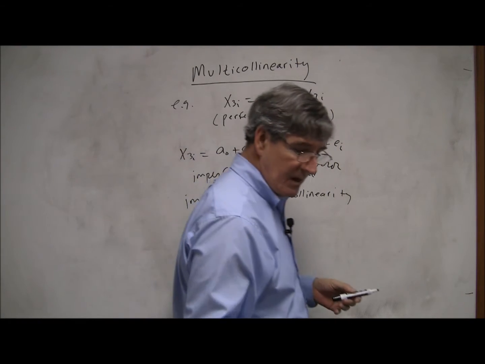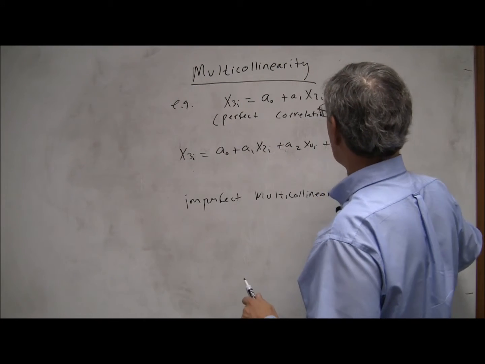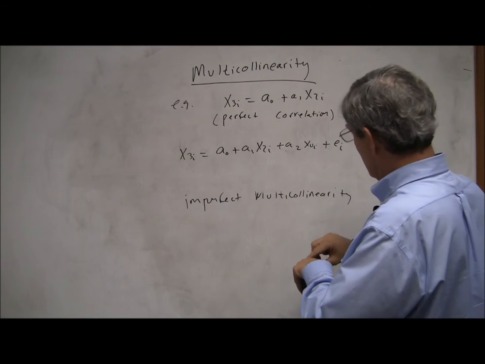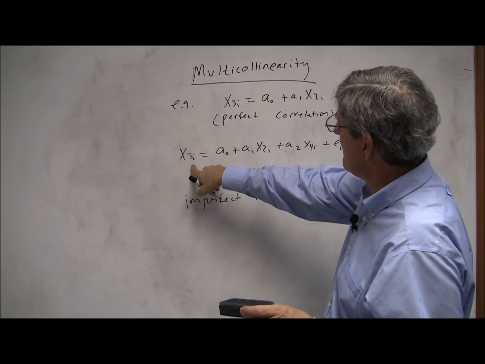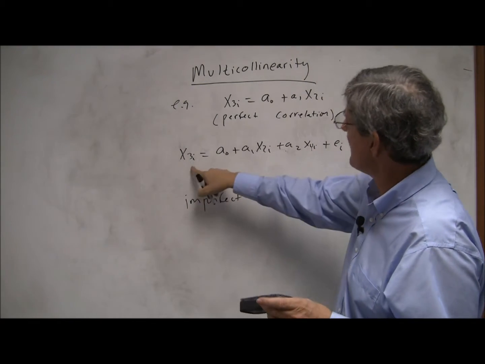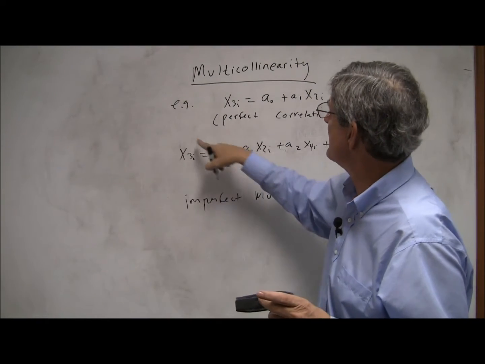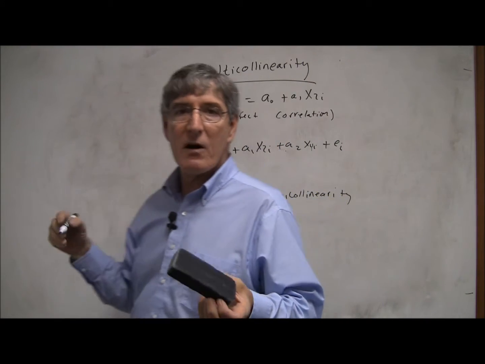The variables are correlated, they move together, but they don't move perfectly together. So whenever x4 moves, x3 moves, but sometimes x3 moves when x4 is constant, and sometimes x3 moves when x2 is constant because of the ei.